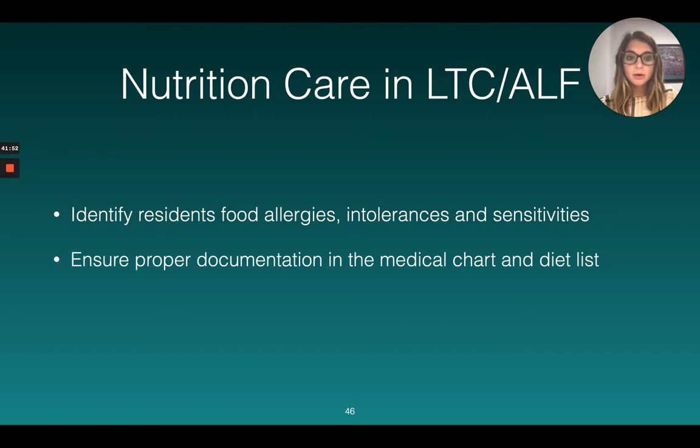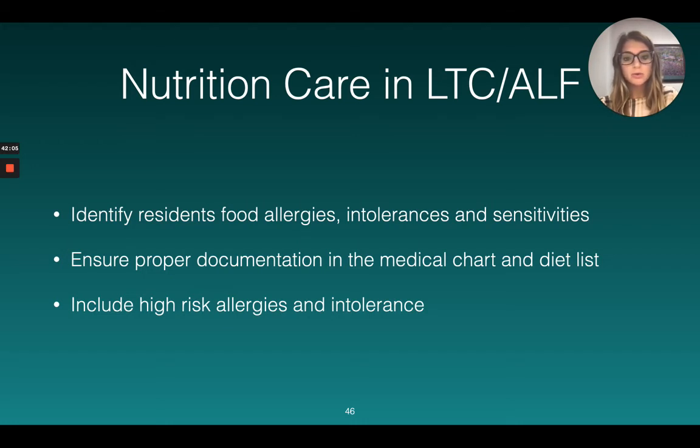It's also important that for high-risk allergies, the reaction that occurs is documented as well. So if someone has a peanut allergy, it's very important to specify what their reactions are, so you are aware of what to look out for in case they start exhibiting signs of a reaction.